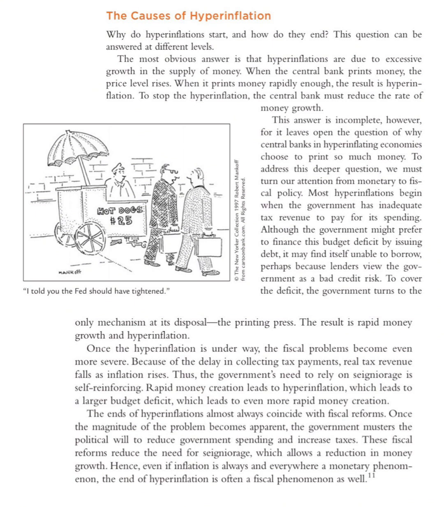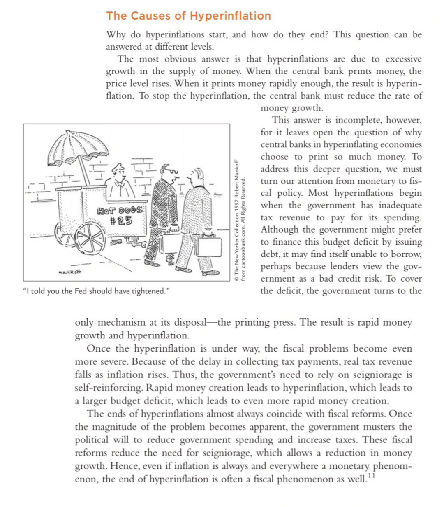The lenders view the government as a bad credit risk. So to cover the deficit, the government turns to the only mechanism at its disposal, which is the printing press. They can only keep printing and printing. So the result is rapid money growth and serious hyperinflation.